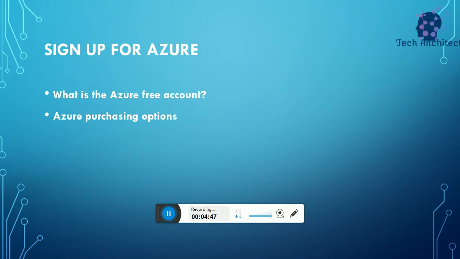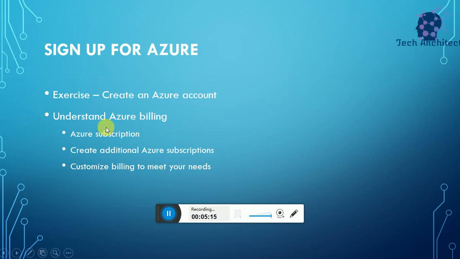You can purchase from an online representative. You can purchase from your region's cloud service provider, CSP. So you have three options basically. I think it's good to create a free account. You can go through the portal, and after that you can upgrade your free account to a pay as you go subscription.